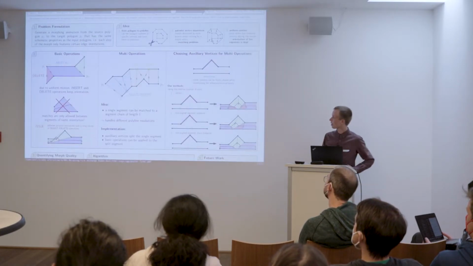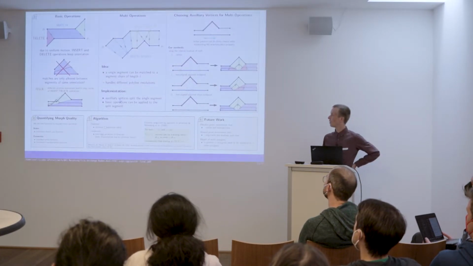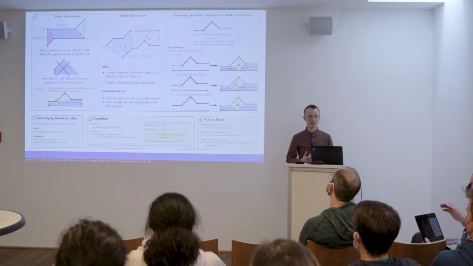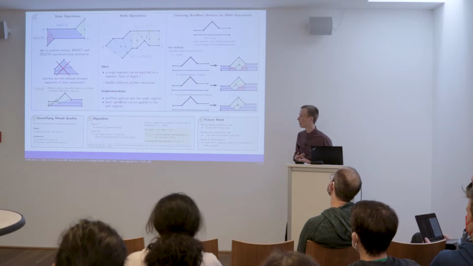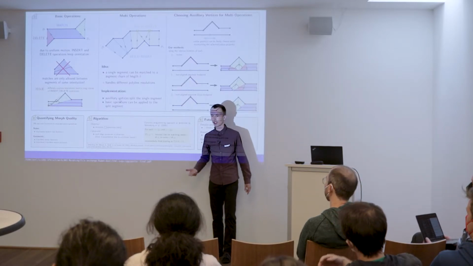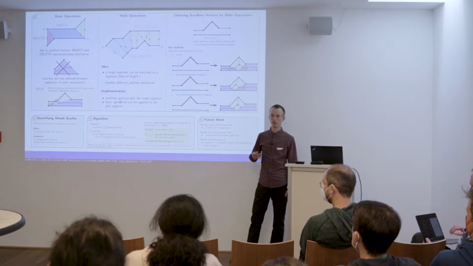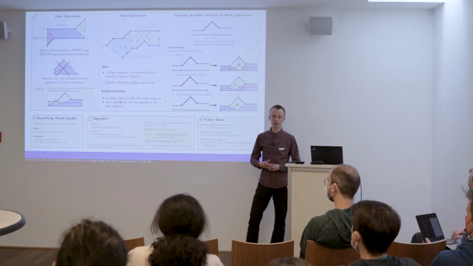And now how do we decide which operations are actually good and which are bad? For this, we need to quantify the quality of the morph. And here we applied different cost functions.